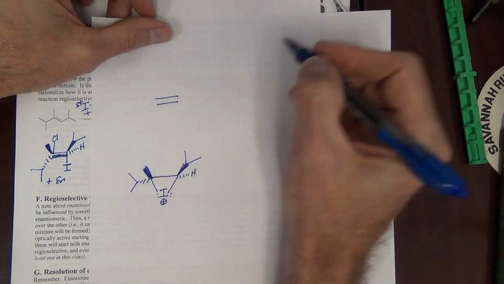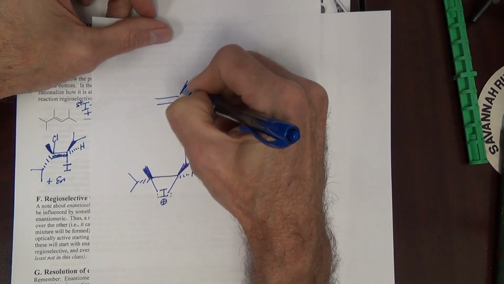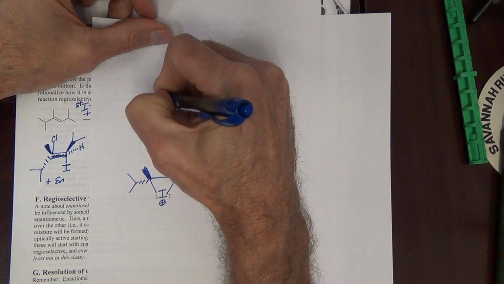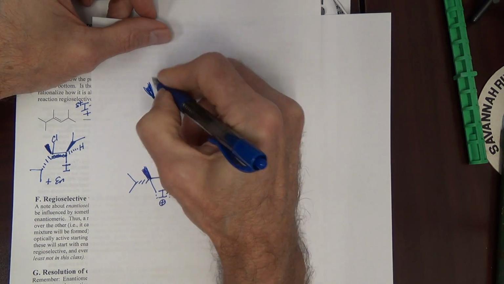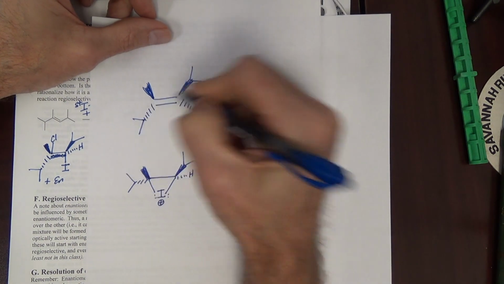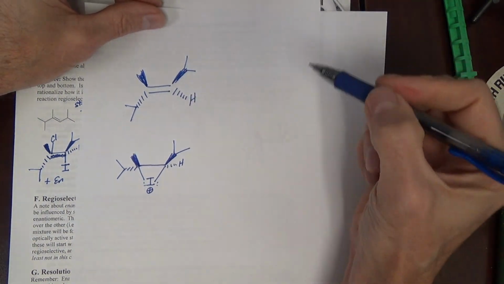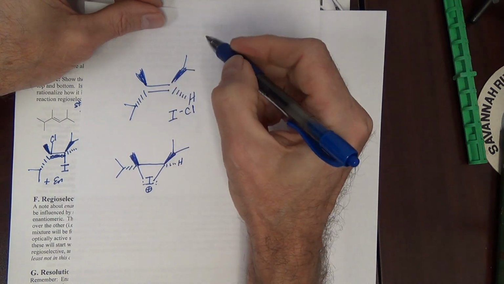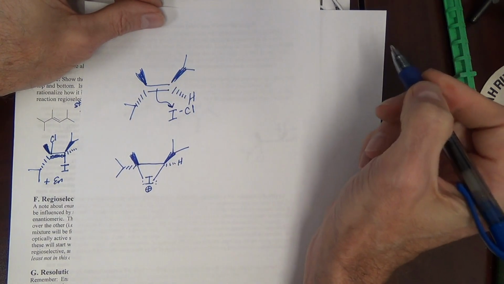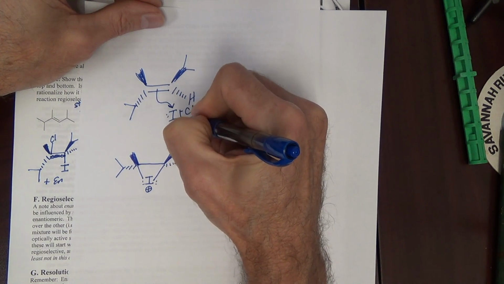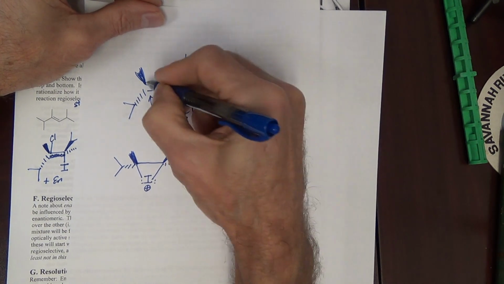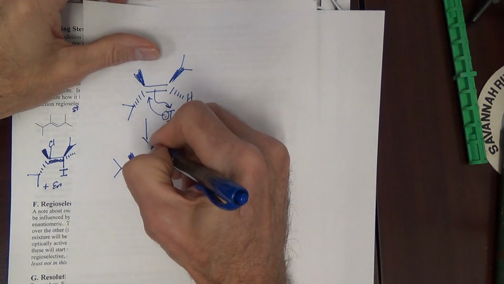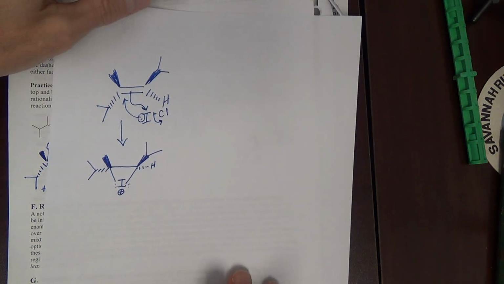A double bond has a top face or bottom face. This attacks here. Okay. Let me show it concertedly. That gets kicked off. These electrons come right back over here, but this is all from the bottom. All right. From the bottom.